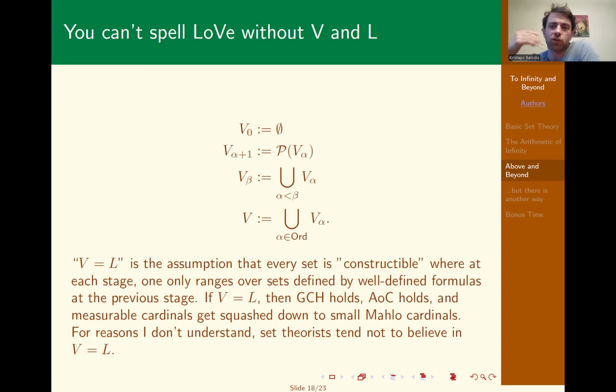We want to assume as little as possible and prove what we can from that. So V equals L: the generalized continuum hypothesis seems nice, the axiom of choice seems nice. If you have an axiom that implies both of those and kills off obscenely large cardinals, that seems cool to me. Why wouldn't set theorists be interested in it?